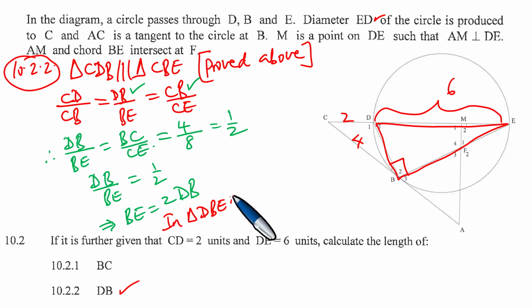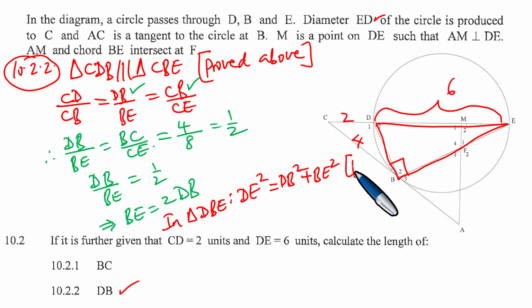So Pythagoras theorem is very clear: you square the hypotenuse. The hypotenuse of a triangle is the longest side, opposite the angle of 90 degrees, so DE squared is equal to the sum of the squares. DE squared is equal to DB squared plus BE squared. Why?